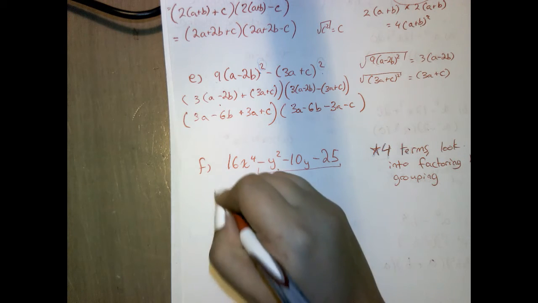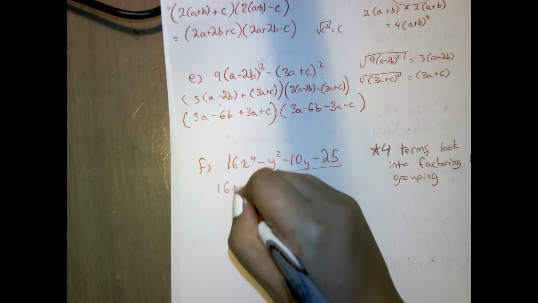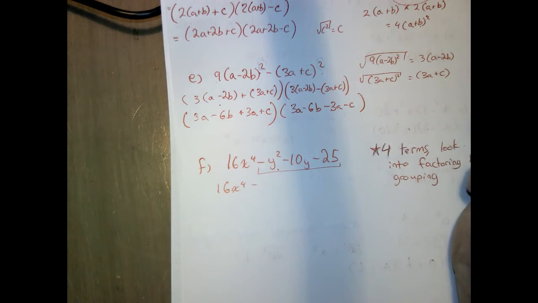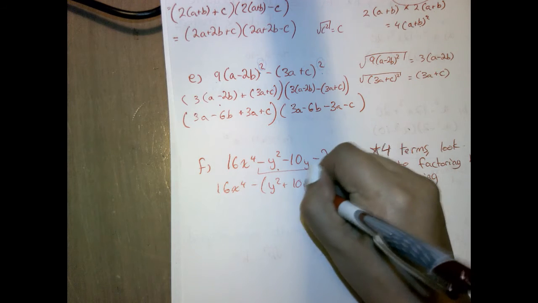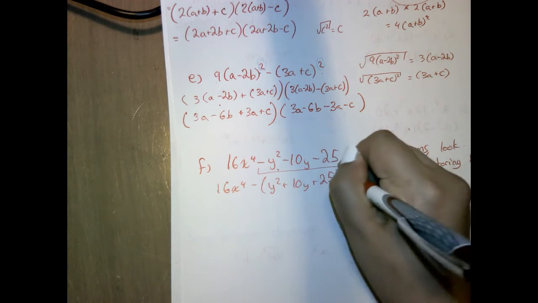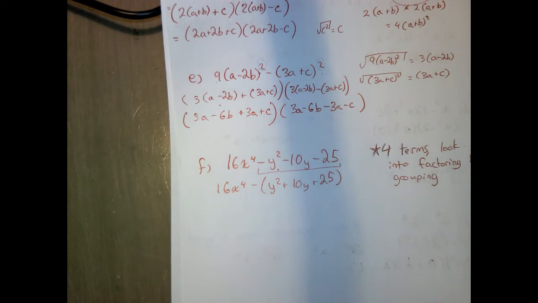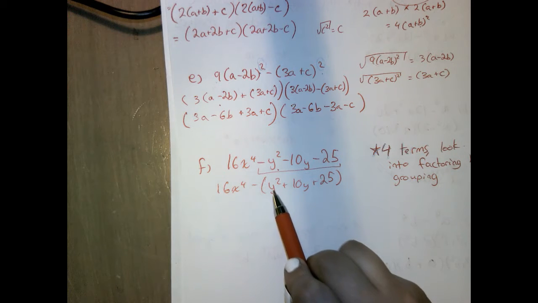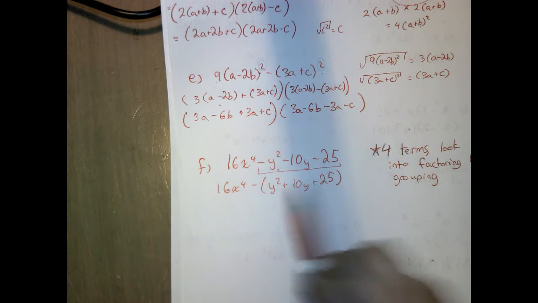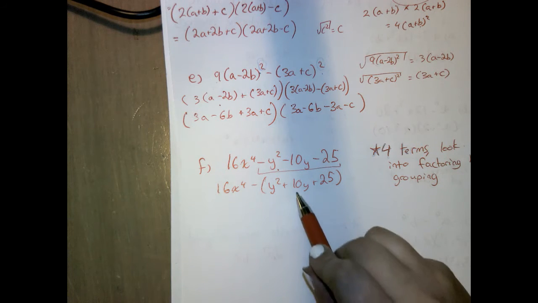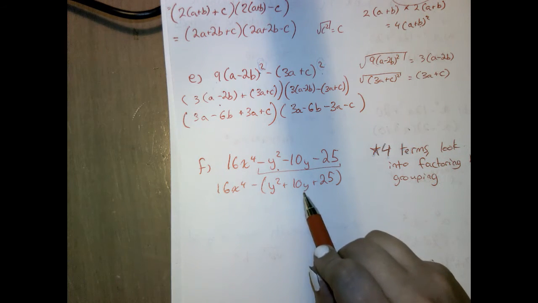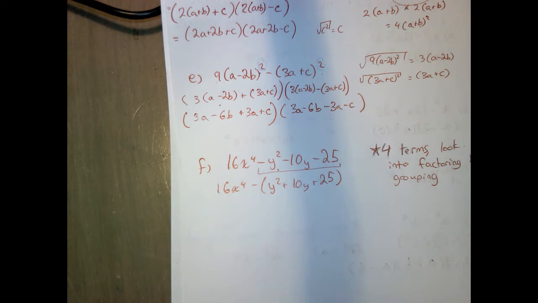So what I mean by that is that if I were to factor out a negative 1, I have y squared plus 10y plus 25, right? And that means I have y, which has been squared to make y squared. I have a 5, which is squared to make 25. And then my middle term is 2 times y times 5, which is 10y.